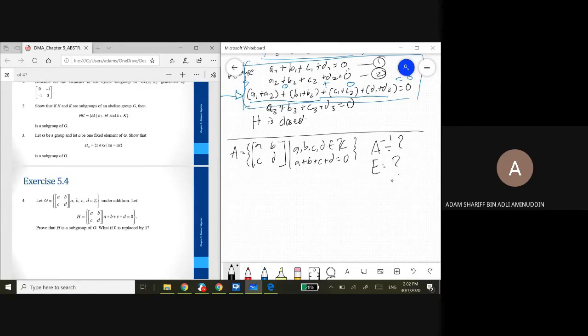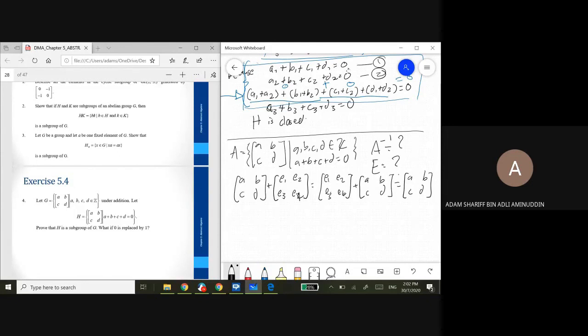Okay. A, B, C, D tambah dengan identity matrix, it will equal commutatively, ni you get back this A, B, C, D. Apakah dia E1, E2, E3, E4?